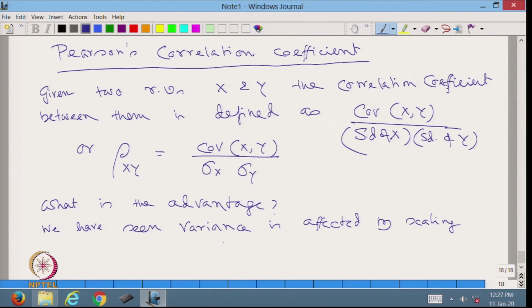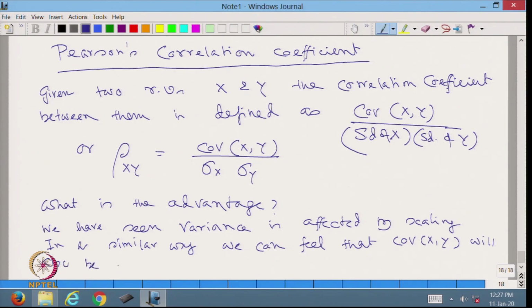In a similar way, we can feel that covariance of x y will also be affected by scaling.